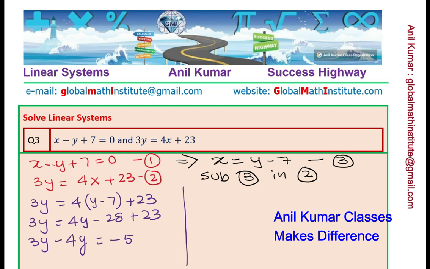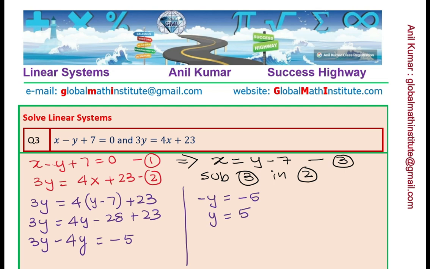You can solve further. Minus y equals minus 5, or y is equal to 5, dividing by minus 1 on both sides. So we get the value of y, and you may call this your equation 4, correct? Substitute that and find the value of x.